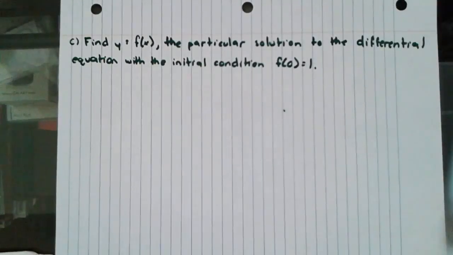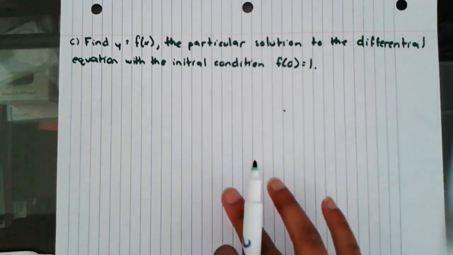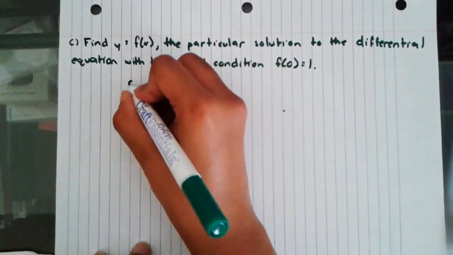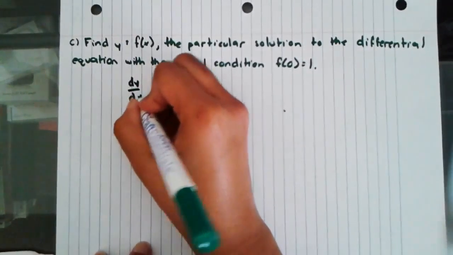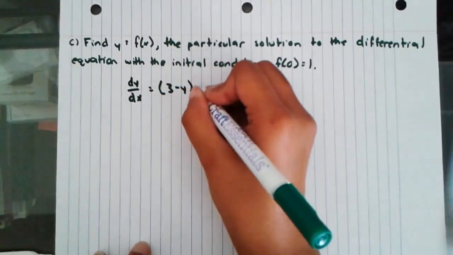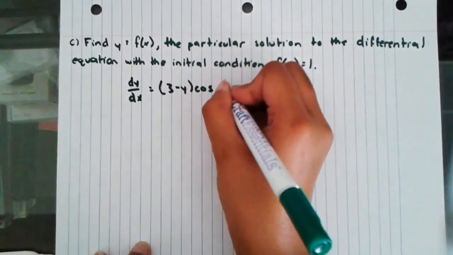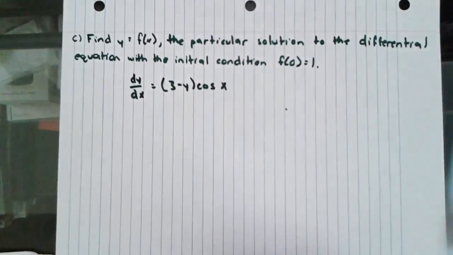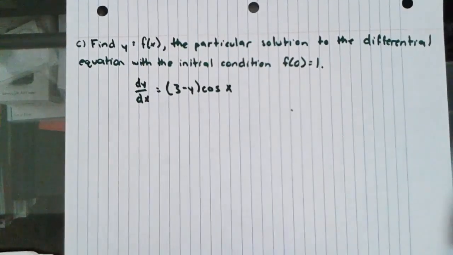And the last part to our 2014 free response practice is part C. Find y equals f of x, the particular solution to the differential equation with the initial condition of f of 0 equals 1. So we were given the equation dy/dx equals (3 minus y) times cosine x, and it wants us to find the particular solution to the differential equation.